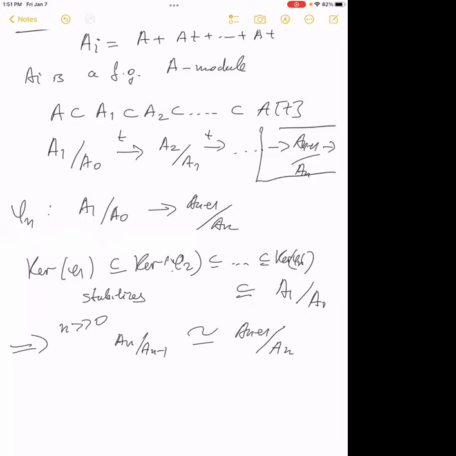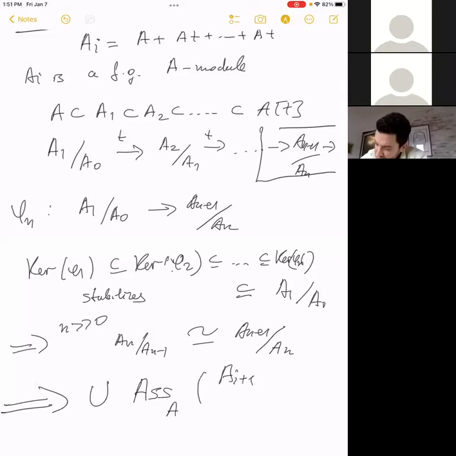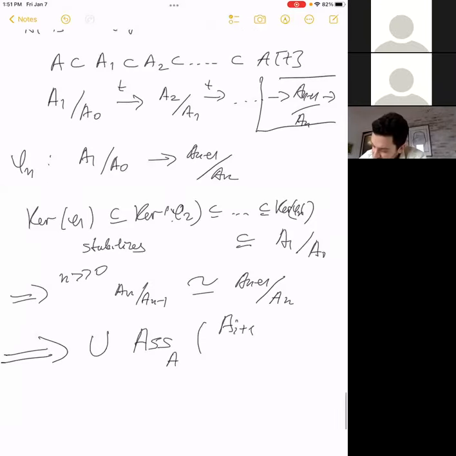But from here, it's easy to see that if I look now at this set of associated primes, then this is finite.